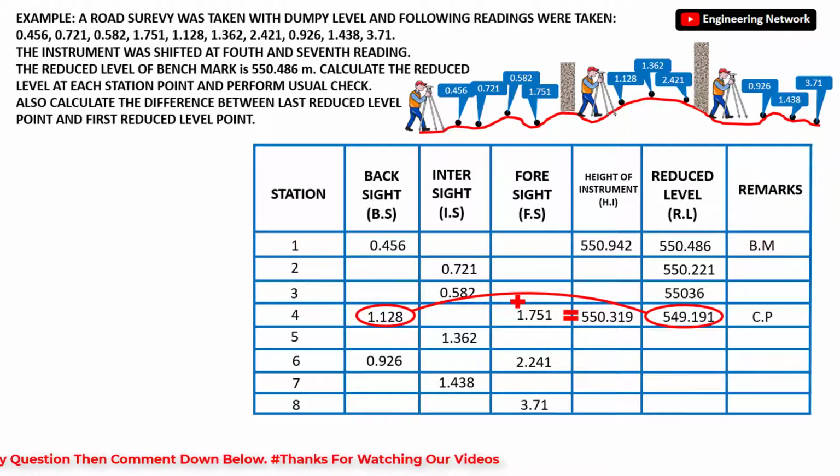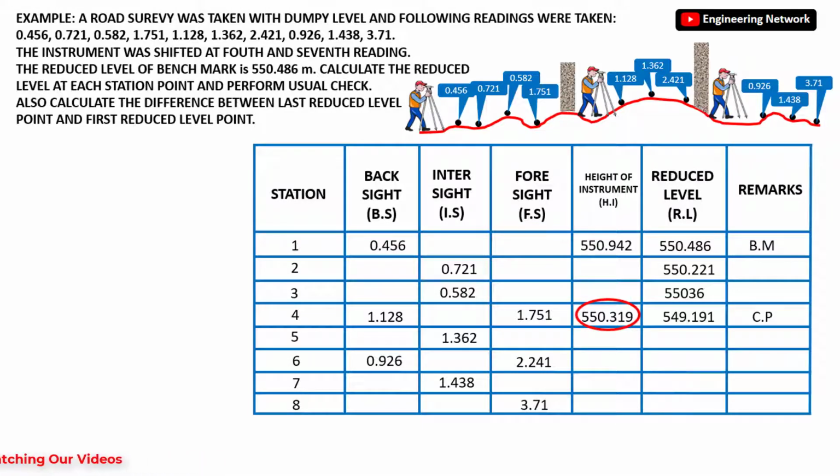At station 5, reduced level is equal to 550.319 minus 1.362, and it will become 548.95. Similarly, I will calculate the reduced level at the remaining stations.